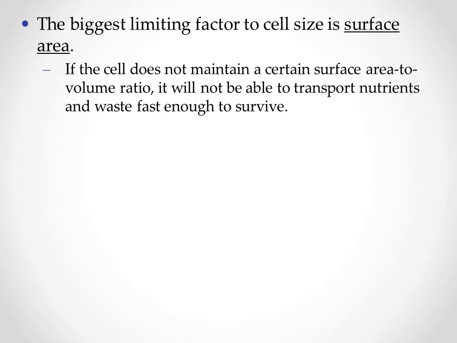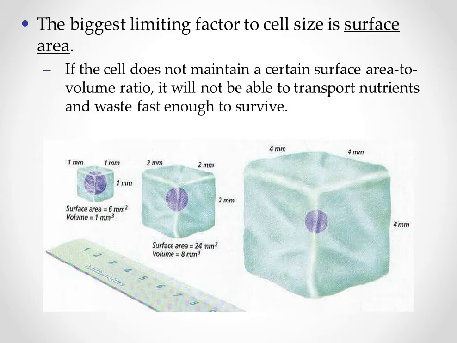So let's talk about size. There is a limiting factor, something that will deter or change our size, and that's surface area. If the cell does not maintain a certain surface area to volume ratio, it can't transport nutrients and or waste fast enough through its cell membrane, and therefore it will die.